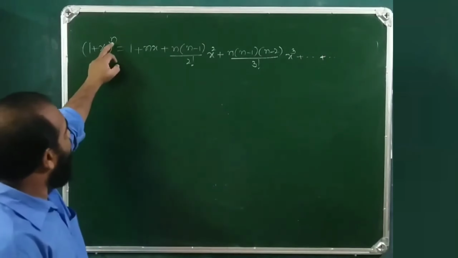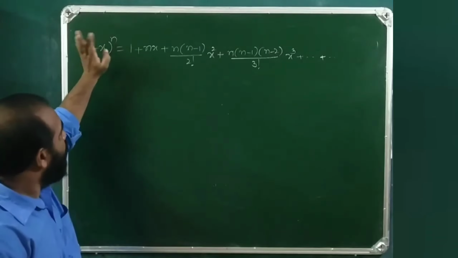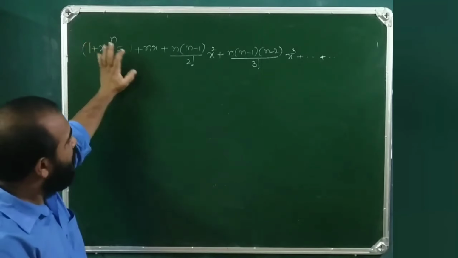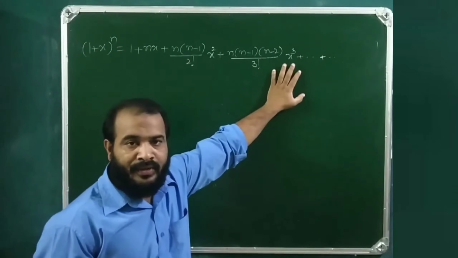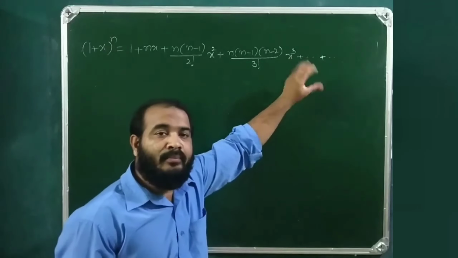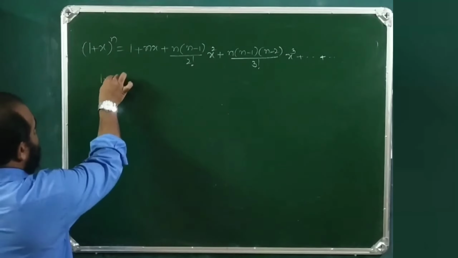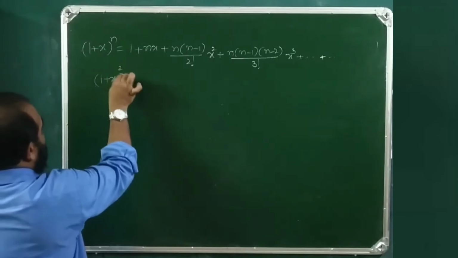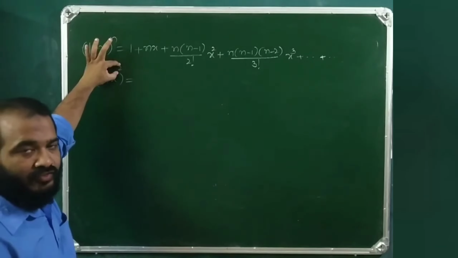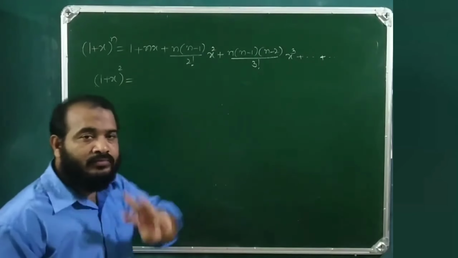So here n is a positive integer. If n is a positive integer, then the number of terms will be finite, and those are n + 1 terms. For example, (1 + x)^2: since n = 2, which is a positive integer, we will get 2 + 1, totally 3 terms.